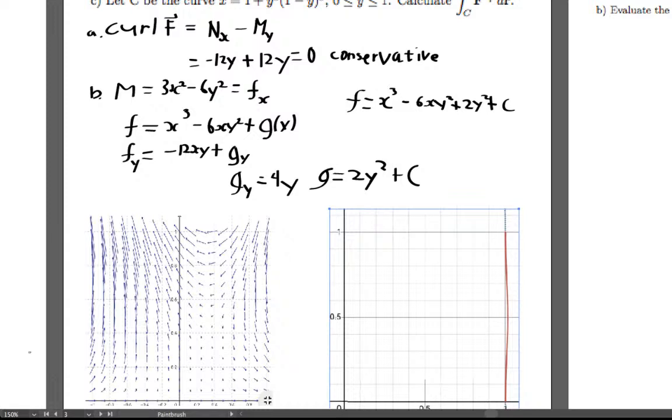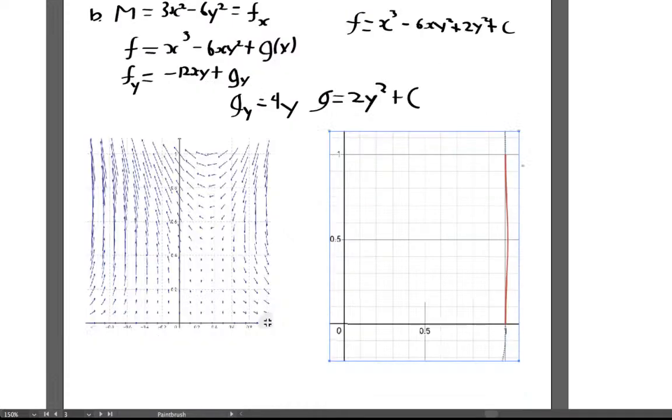Technically that's true. Where it is pointing is the higher point of the three-dimensional curve, which I don't draw here because what we care about is the vector field.